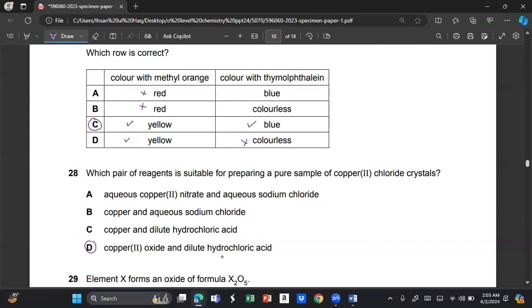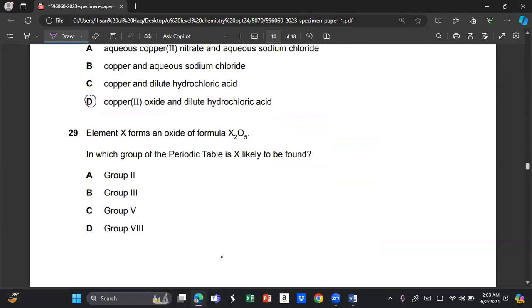Let's move on to the next one, that is 29. Question number 29. Element X forms an oxide of formula X2O5. Just read it carefully. The subscript with oxygen is 5, which comes from the X side, and this 2 comes from the oxygen side, so it will be -2. Let's see.